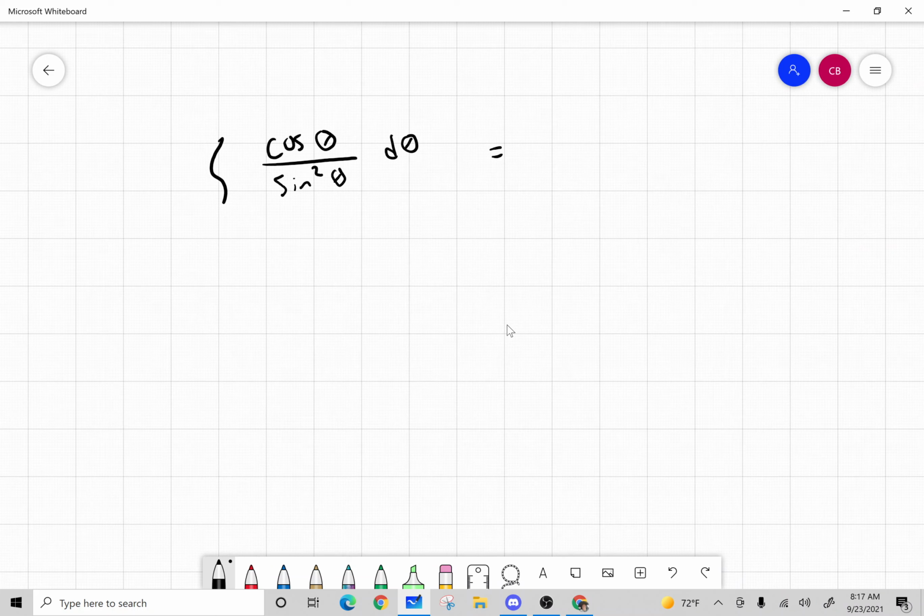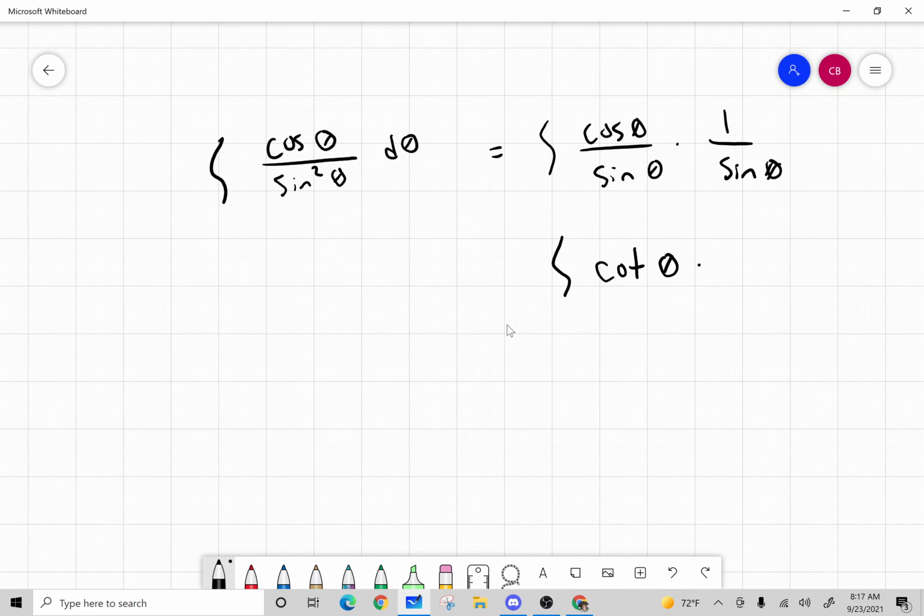This is equal to the integral of cos theta over sine theta times 1 over sine theta. So does that help us? Well, once again, we have cos over sine, but we know cos over sine is actually just cotangent theta times, this one's going to be cosecant theta d theta.